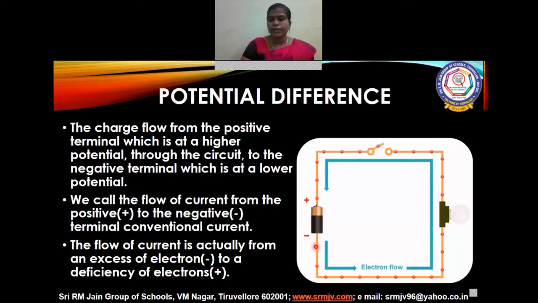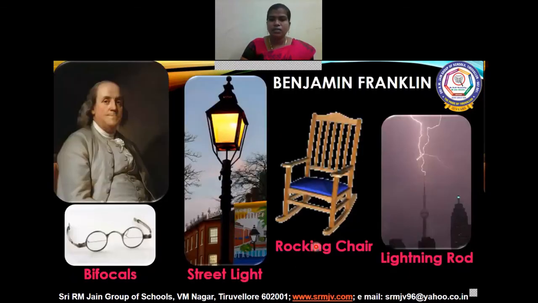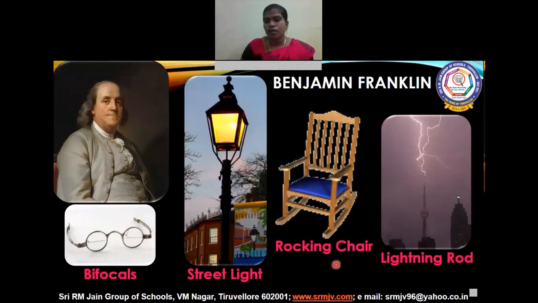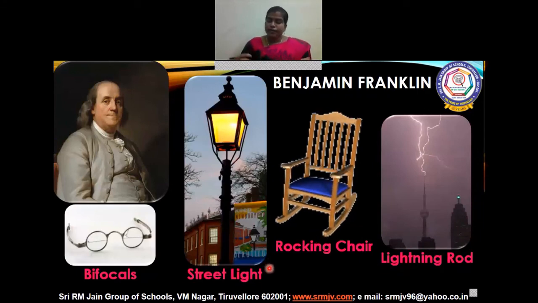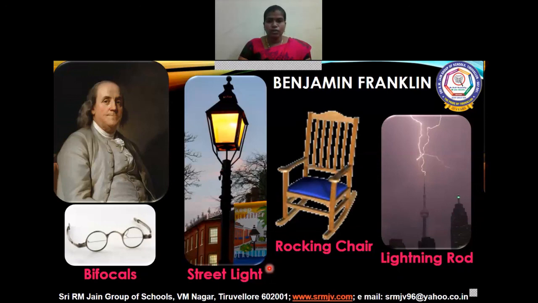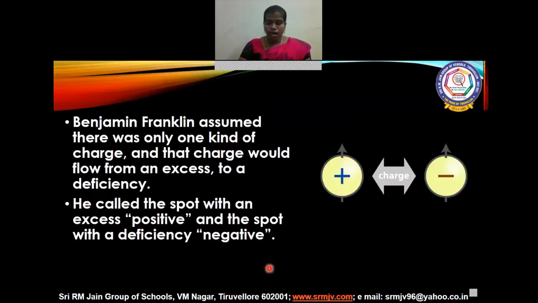Now let me talk about a person. Benjamin Franklin is the best known inventor for his inventions of the lightning rod, rocking chair, street light and bifocals. Even though protons, neutrons and electrons had not been discovered during Franklin's time, he believed that something moved through the electrical wire.